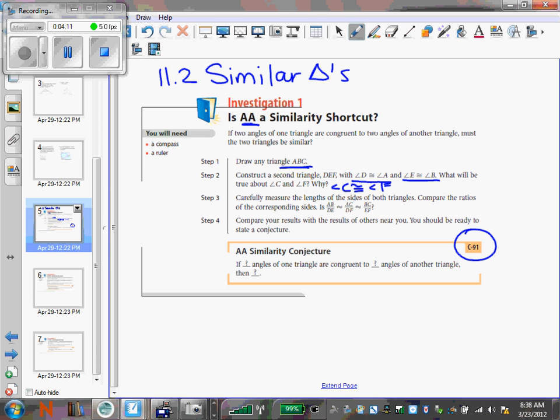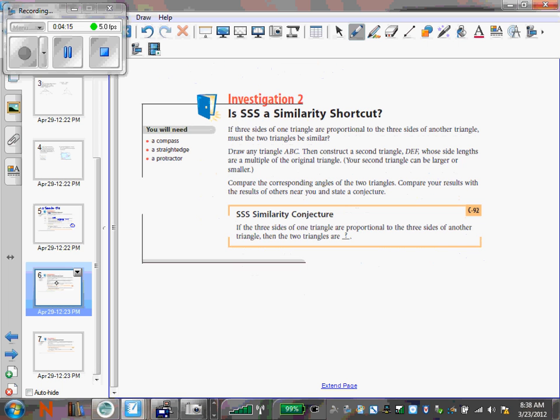The second conjecture today is a side-side-side similarity shortcut. We're going to do the same thing with this similarity shortcut to see if the two triangles are similar.